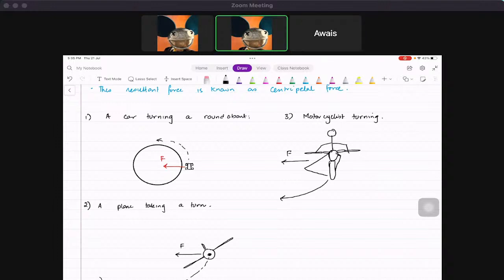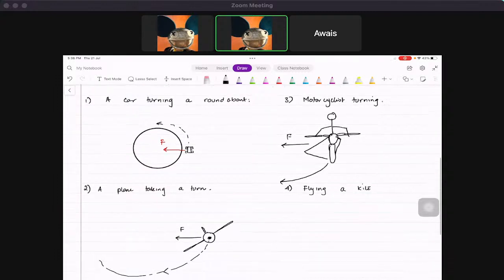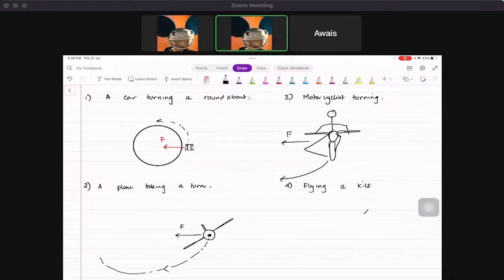Now, fourth example, flying a kite. Notice when you fly a kite, if a person is flying and he wants the kite to go up, he's basically turning it in a circle.